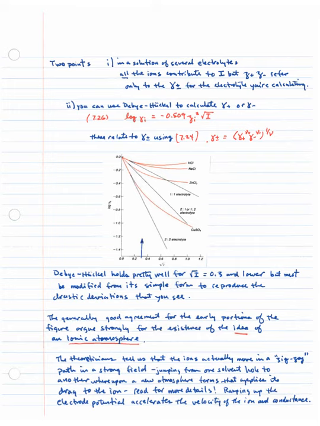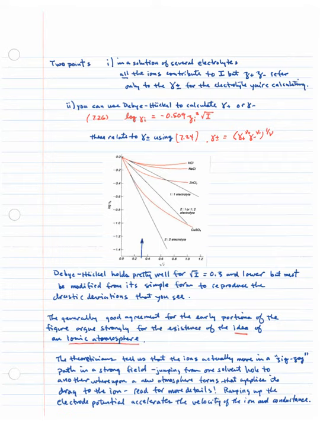So there's 2 points about the Debye-Huckel limiting law I want to state. First, in a solution of several electrolytes, so let's say you mix some sodium chloride with some potassium nitrate, all the ions contribute to the ionic strength of the solution, but the Z plus and Z minus refer only to the activity coefficient value for the electrolyte you're calculating.